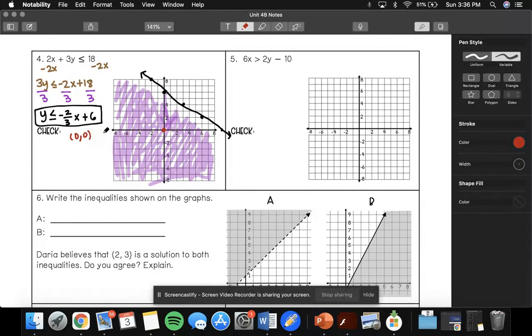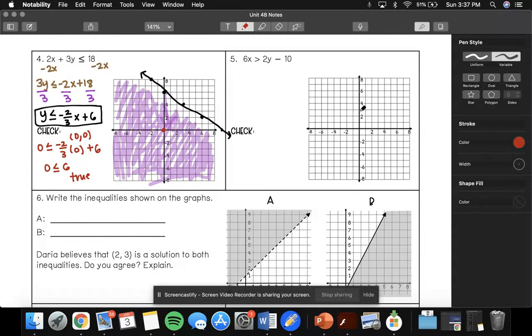It is shaded, so hopefully it's true. y is less than or equal to negative 2/3 x plus 6. Negative 2/3 times 0 is 0. 0 is less than or equal to 6. That is true. So I have shaded it correctly.